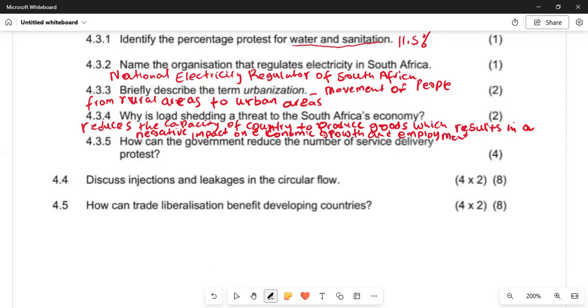So that is that. How can the government reduce the number of service delivery protests? So that is 4.3.5.